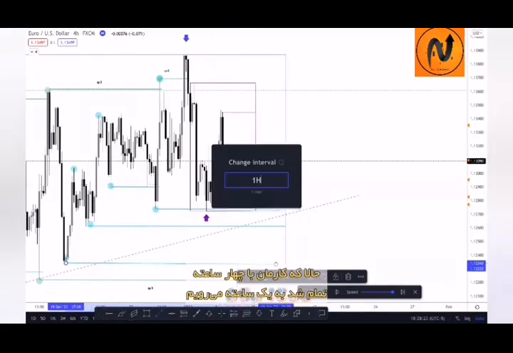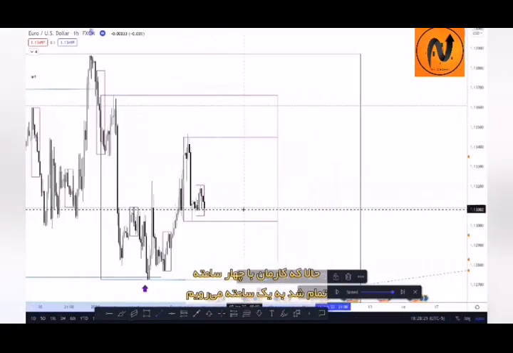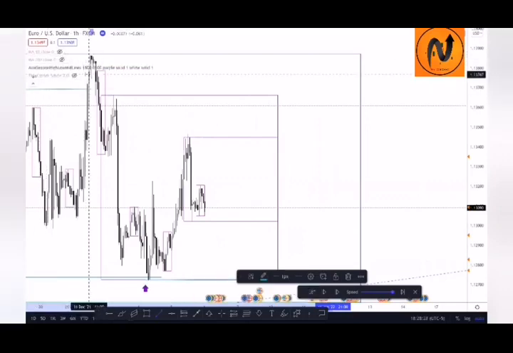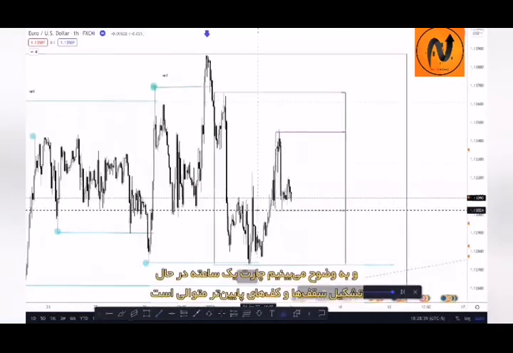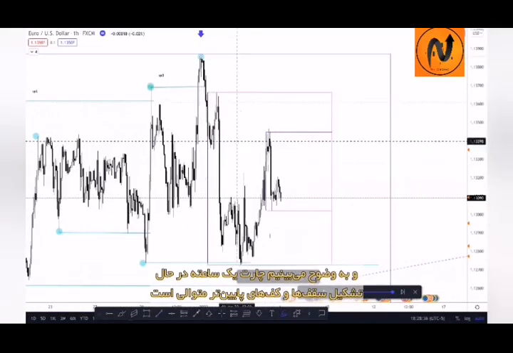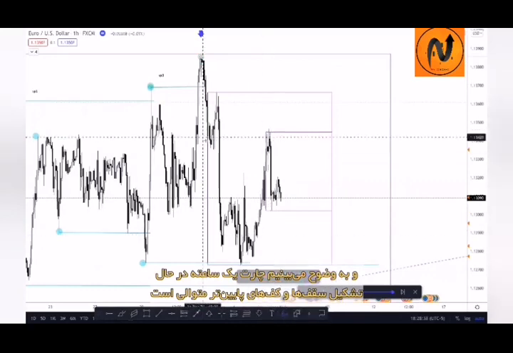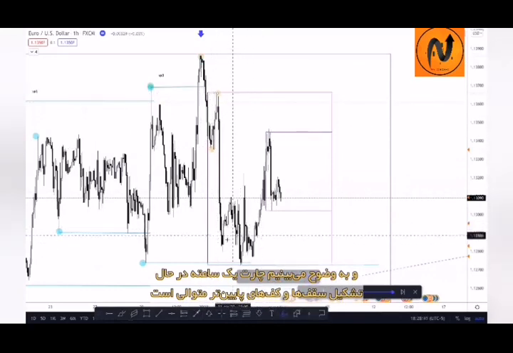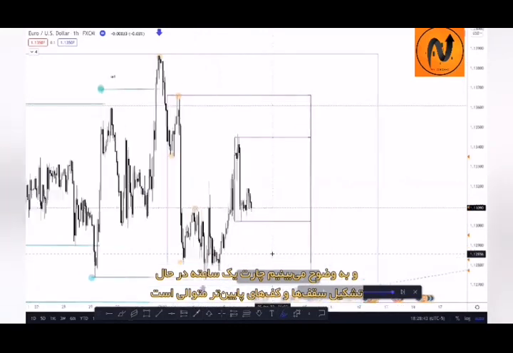All right, now that we're done with the 4 hour, let's move into the 1 hour. You can clearly see what? The hourly making lower lows, lower highs.